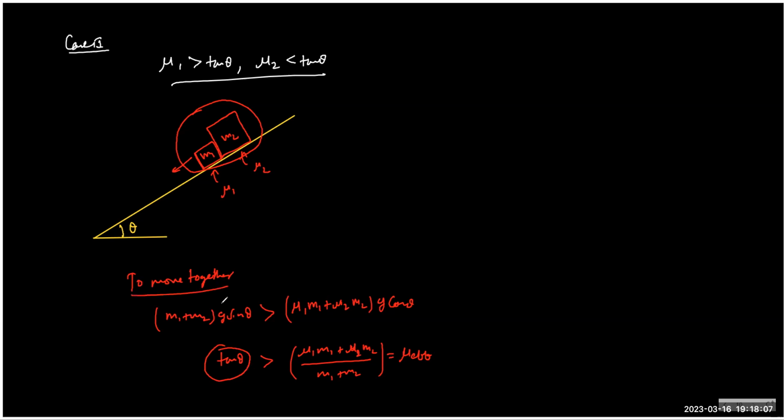So to move together, the slope must be winner compared to the effective mu, not individual mu. And if I name it mu effective, therefore A1 equals A2 equals A, in this case equals the single block system, g sin theta minus mu cos theta, right?